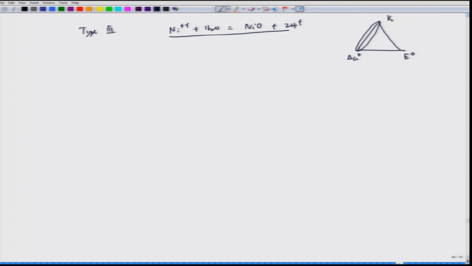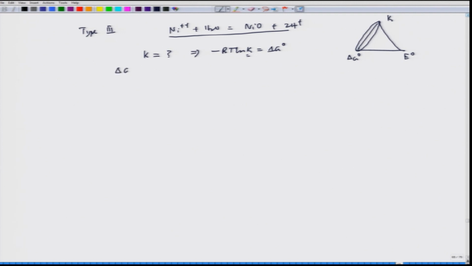If we work with that particular region, then we can find out the K value. In order to find that, we know the relation between delta G 0 and K, where K is the equilibrium constant for this reaction.